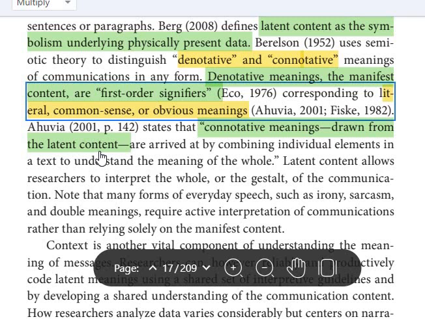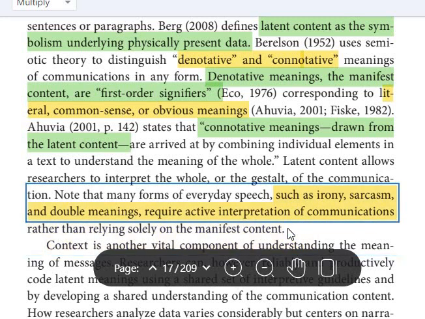These meanings are arrived at by combining individual elements in a text to understand the meaning of the whole. The latent content allows researchers to interpret the whole, or the gestalt, of the communication. Note that many forms of everyday speech, such as irony, sarcasm, and double meanings, are examples of connotative meanings. These meanings require active interpretation of communications rather than relying solely on the manifest content.